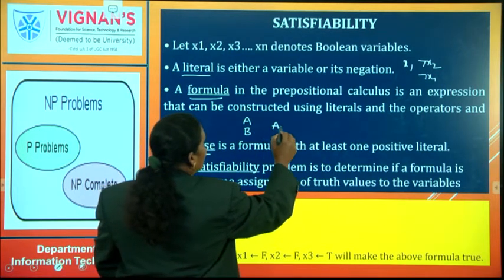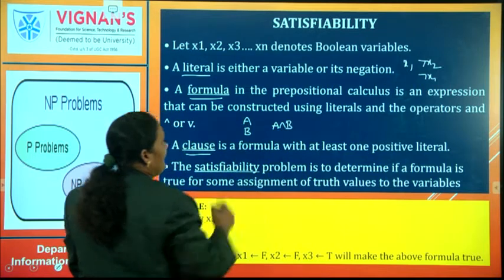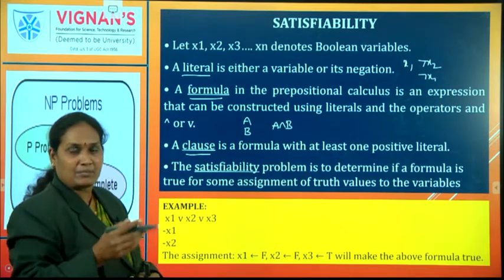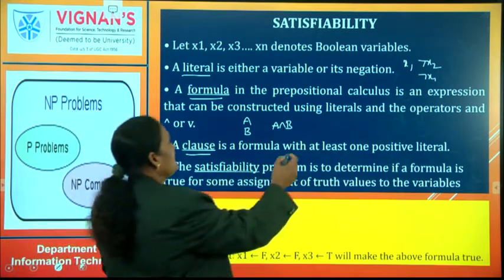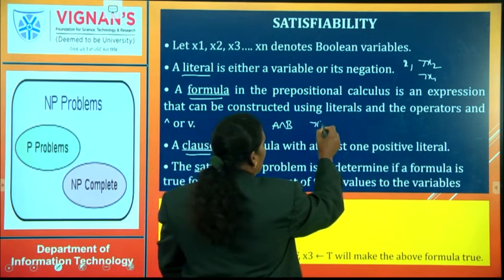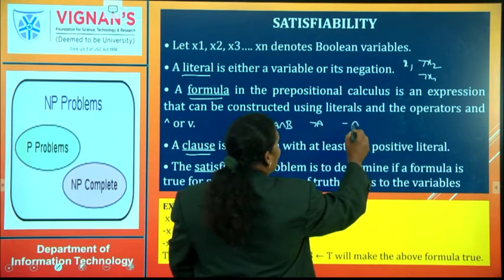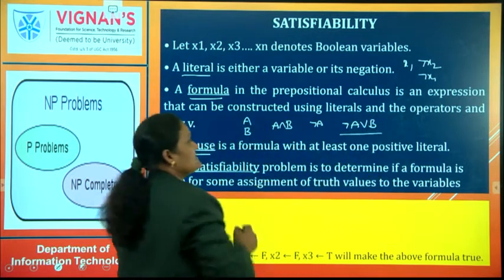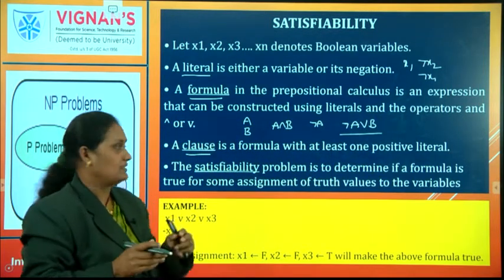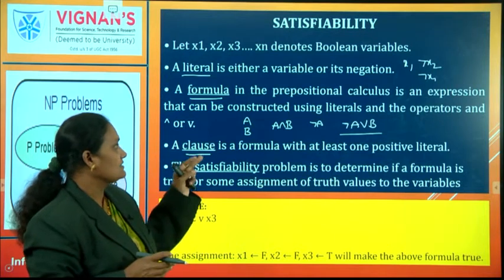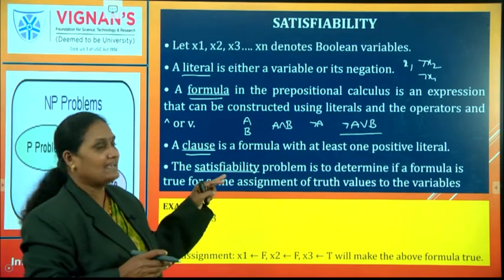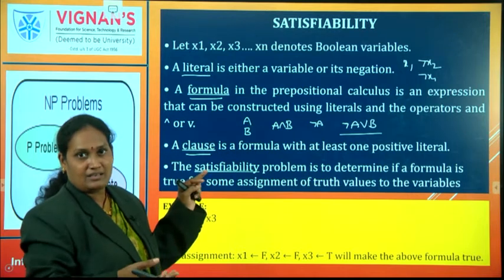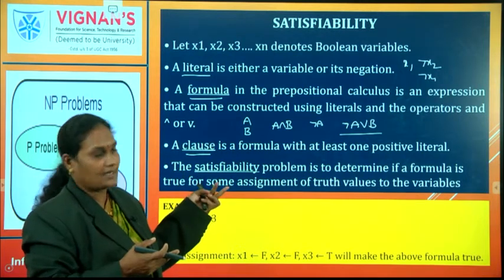I can write a formula A and B. In the same way, negation A is a literal, and I can write another formula, negation A or B. So, if you write literals and operators in a proper manner, we can write a formula.